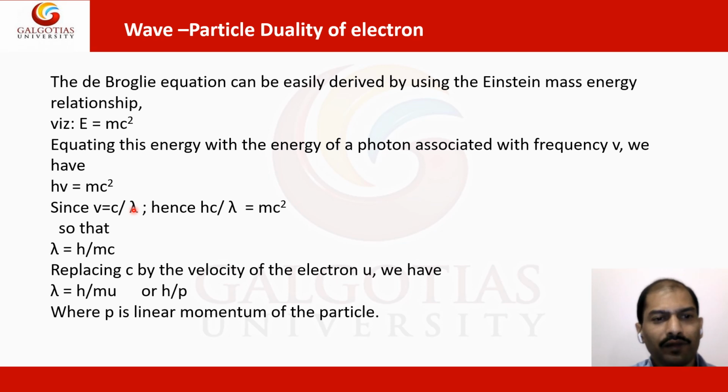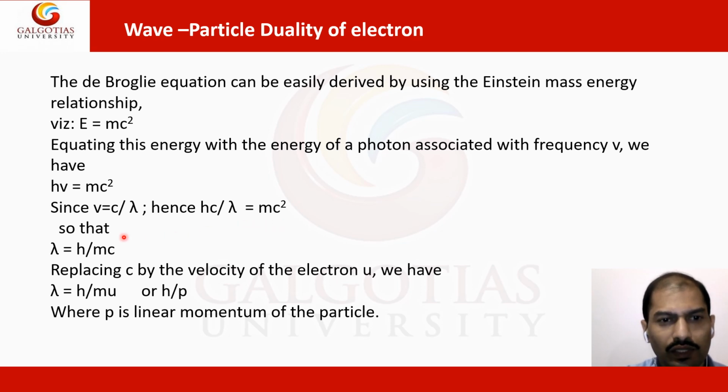These are very basic terms and very basic relationships, so all students might know this. Once you correlate these relationships, you will see hc upon lambda equals mc square.